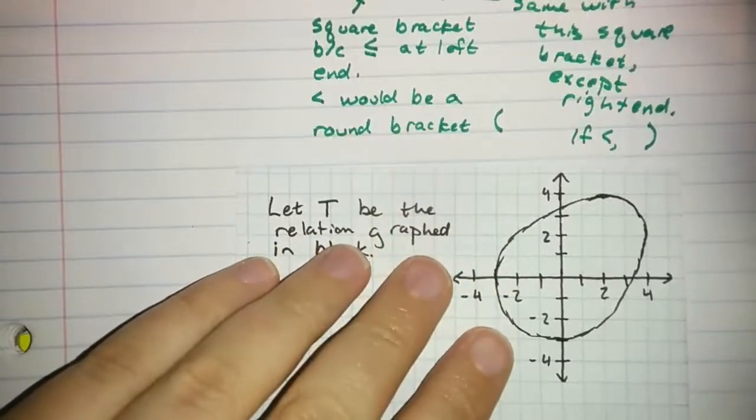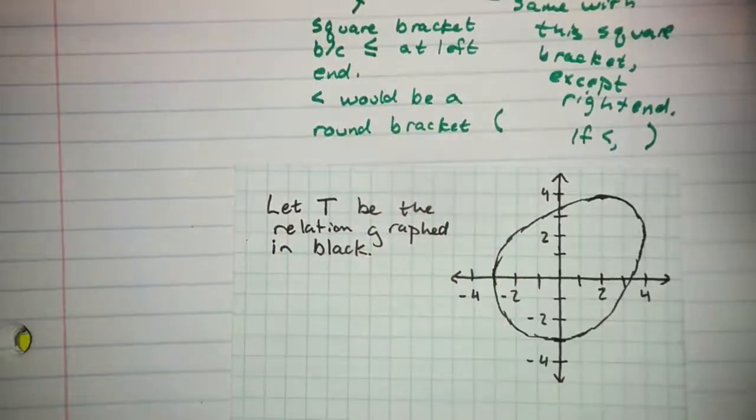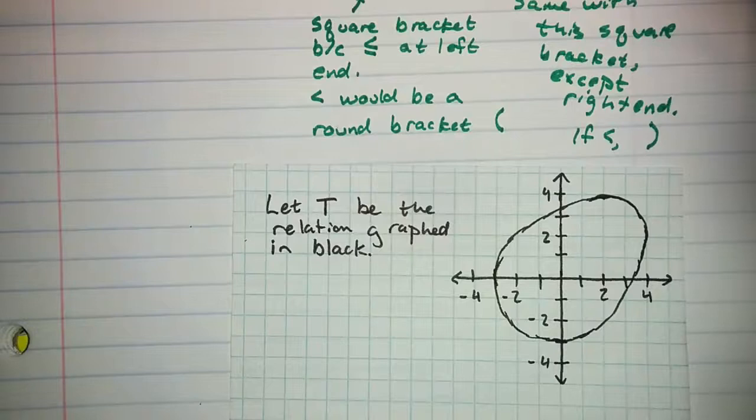Let's let T be the relation graphed in black here. I'm going to have you pause the video and try to find its domain. Remember, to find the domain, just imagine squishing the graph into the x-axis. Pause the video and try it now.